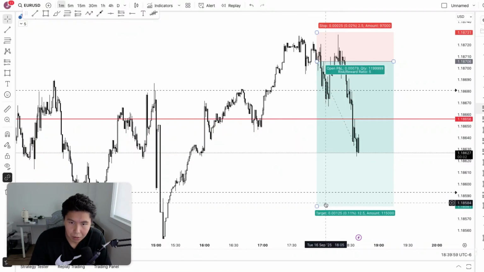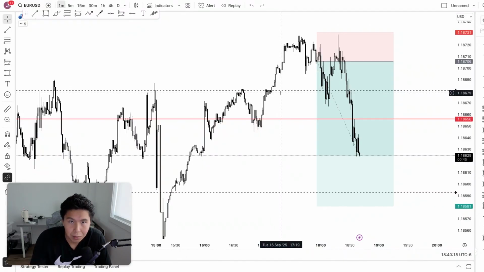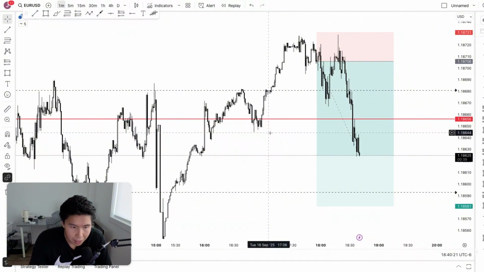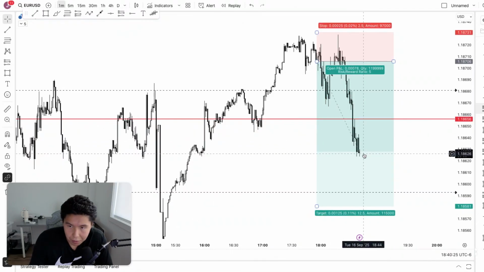If we would have kept our initial risk management, we would be up 3R if we took 2 losses before this. So the only reason and the only way I'll trail my stop is if I haven't taken any losses before this trade in the trading session, which I haven't. This is my first trade of the day, and it's clearly pushing down into profit the way we want it.